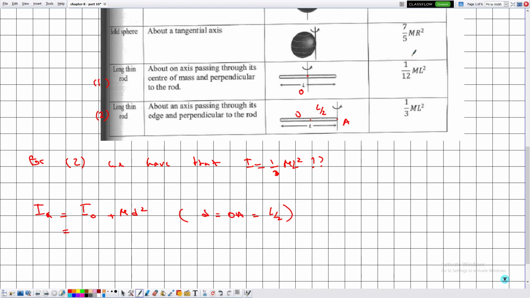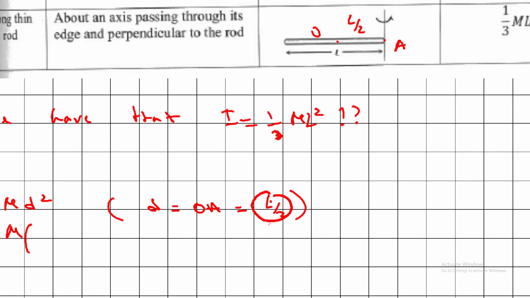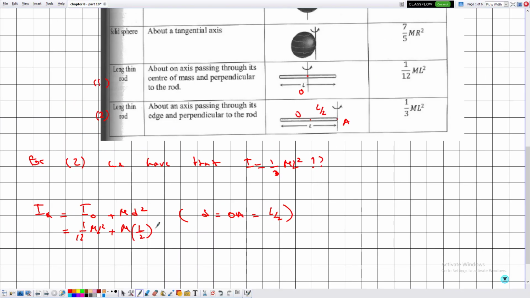So now the value of I0, which is the initial 1/12 ml square, plus M multiplied by L over 2 to the power 2. So this is equal to 1/12 ml square plus 1/4 ml square.